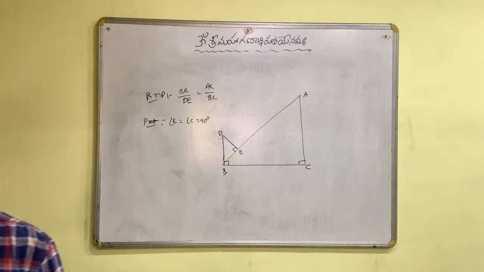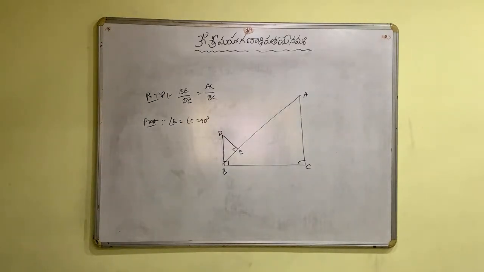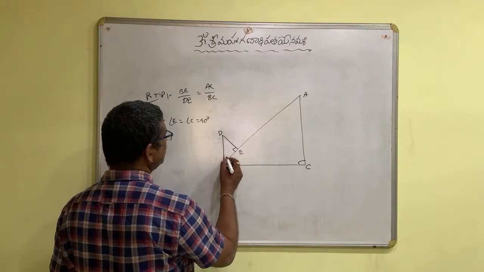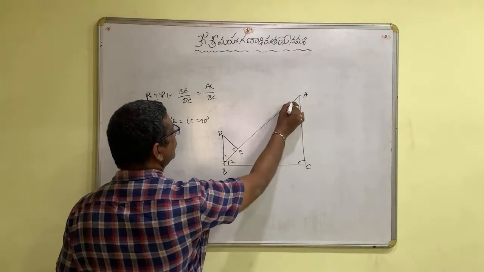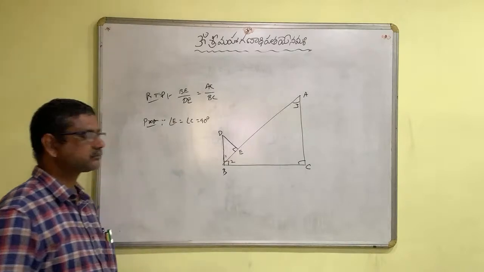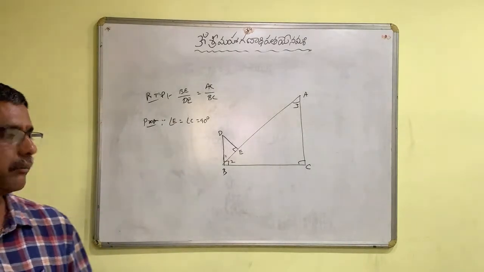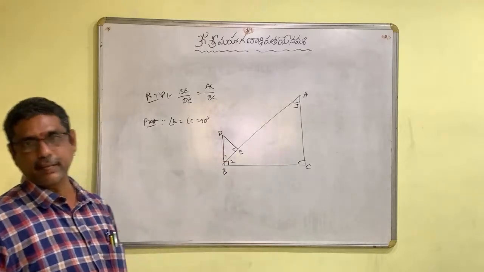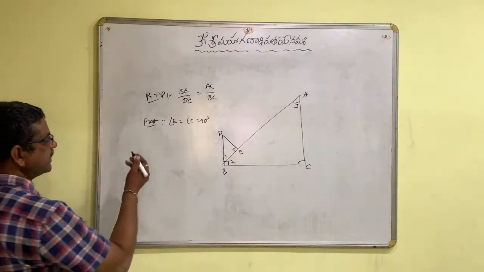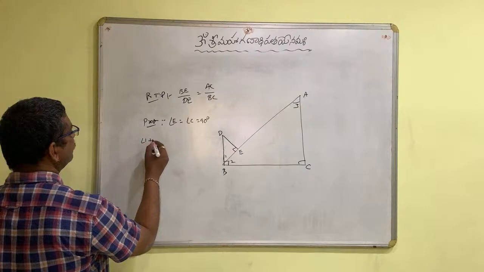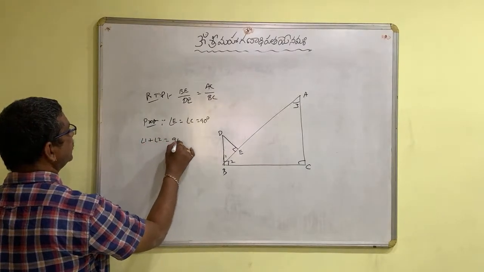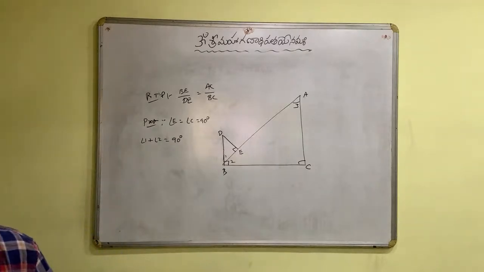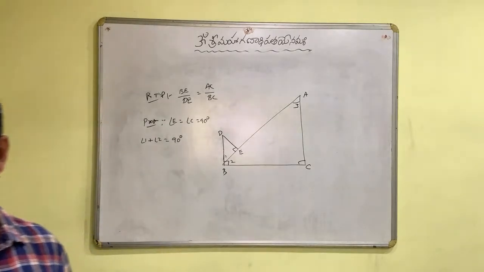Then I am naming this angle as 1, this is 2 and this one as 3. Now we know that angle 1 plus angle 2 is 90 degrees.